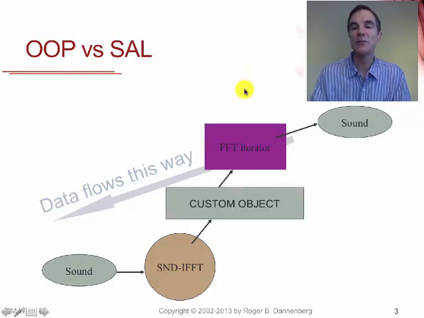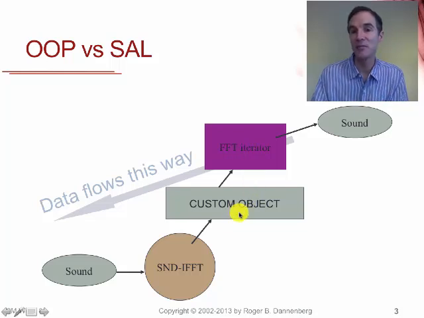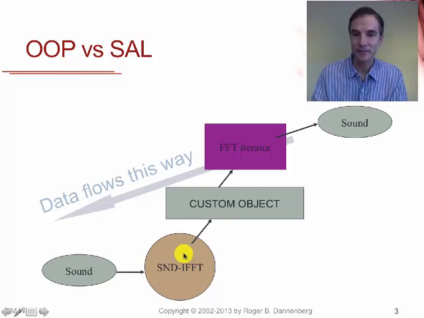If we want to do actual spectral processing, we need to put something in the middle of all this so that after we generate a spectral frame, we can do some computation on the frame and then return that frame to the inverse Fourier transform to turn it back into sound.